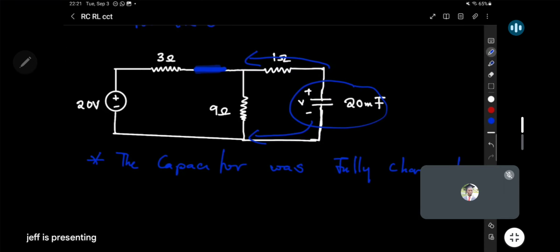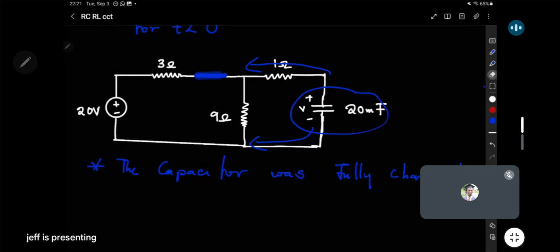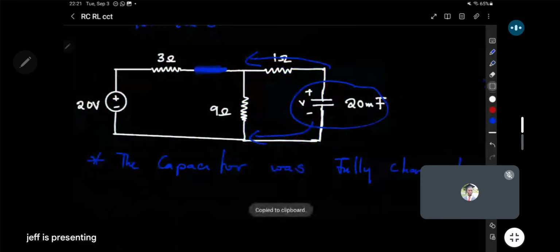Now, when the capacitor is fully charged, what happens to it? When a capacitor is fully charged, it stops the flow of current. So the minute the capacitor gets fully charged, it stops the flow of current. So here we're trying to understand how much voltage the capacitor actually stored. But to understand how much the capacitor stored initially, we first need to see what it does to the circuit when it's fully charged.